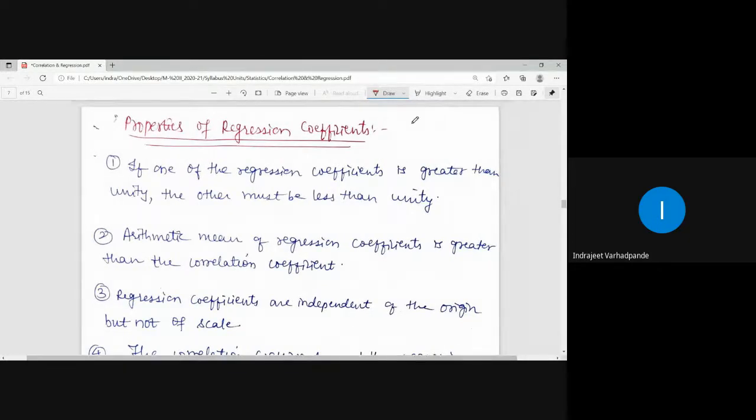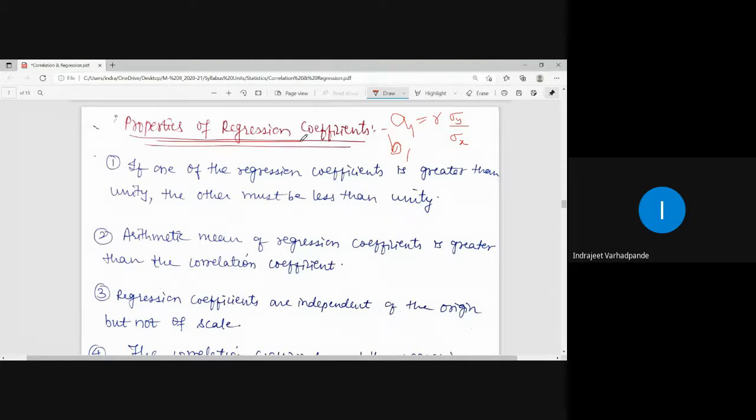We labeled the regression coefficients as A1 and B1 respectively. A1 is the regression coefficient of the line y on x, so it is denoted by r into sigma y upon sigma x. What is B1 denoted by? r into sigma x upon sigma y.